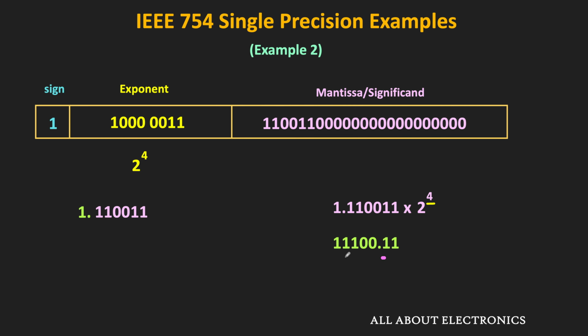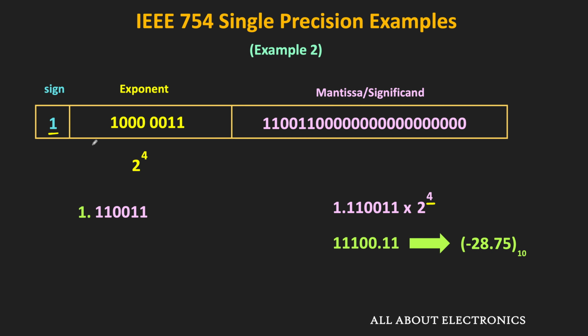And similarly, 0.11 in decimal corresponds to 0.75. That means the overall number will be equal to 28.75. But since the sign bit is equal to 1, the given number is negative. So we can say that for the given 32-bit number, the equivalent decimal number is equal to minus 28.75.